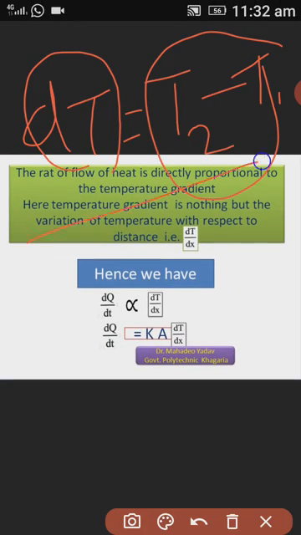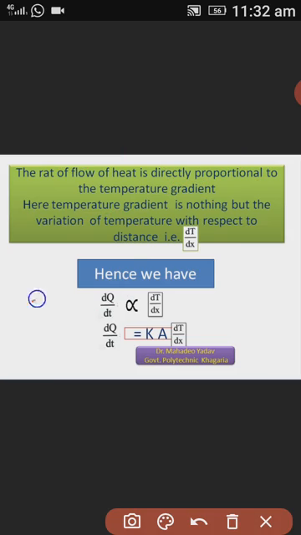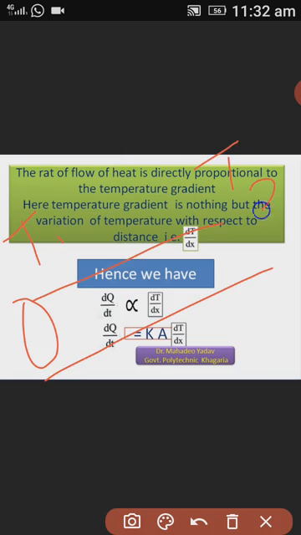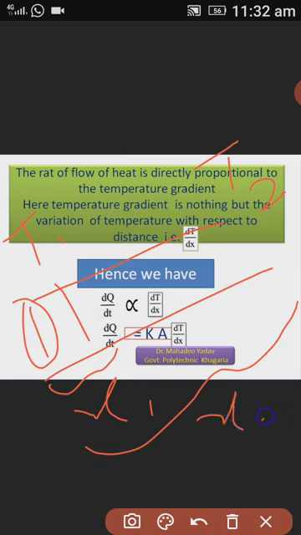And suppose here temperature is T1, here temperature is T2. Here the location from this point is x1 and here it is x2.